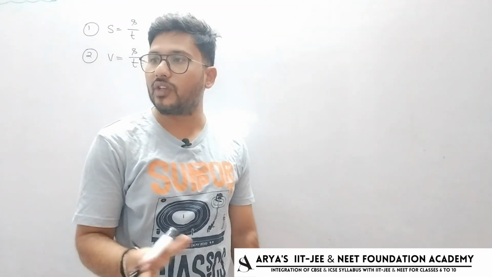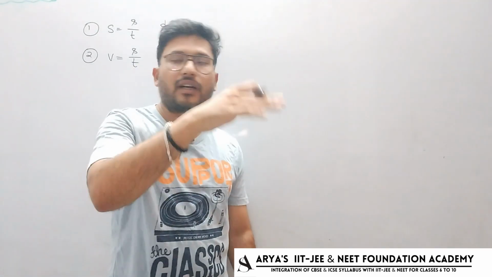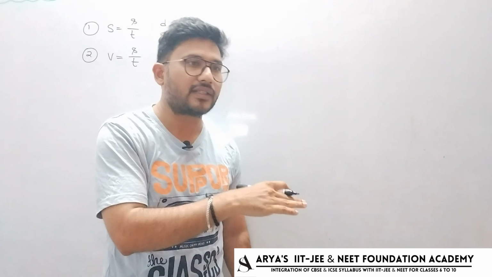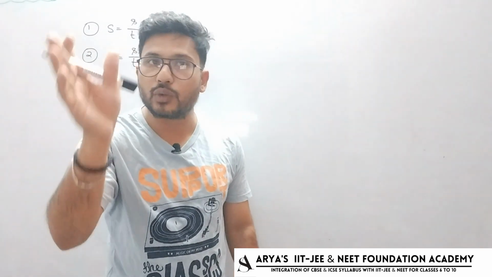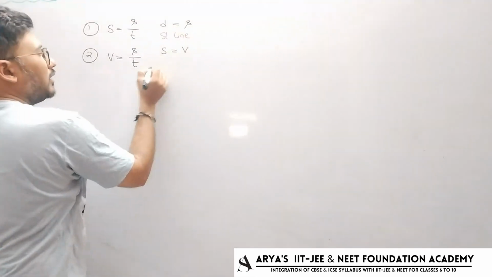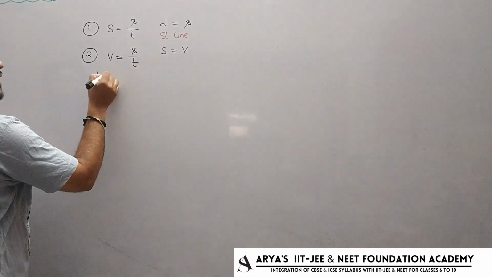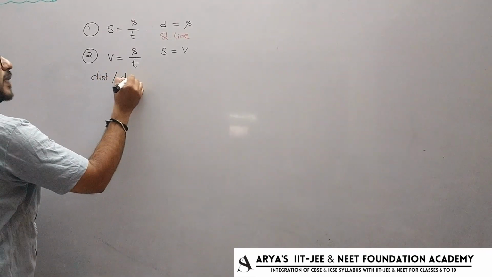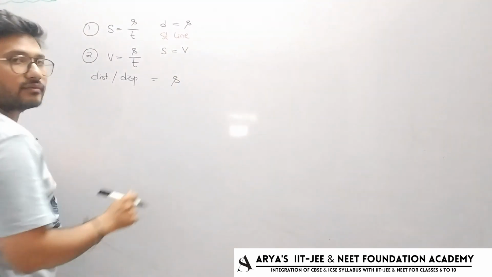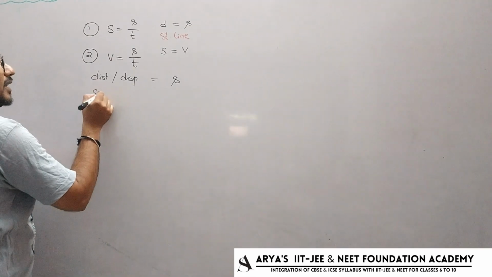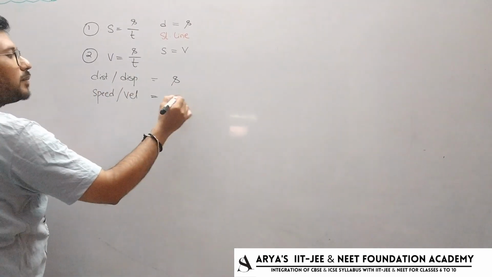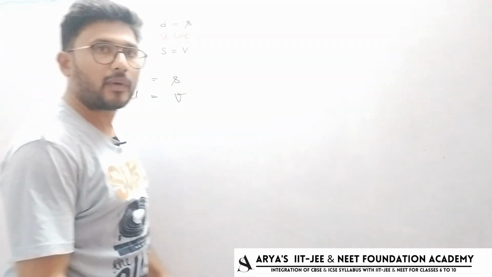Up to 9th class you will be learning distance is D, displacement is S, small s, speed is capital S, velocity is V. But if you go to 11th class, either distance or displacement, both are represented with the same letter, that is S. Either speed or velocity, both are represented with the letter V. Remember that.